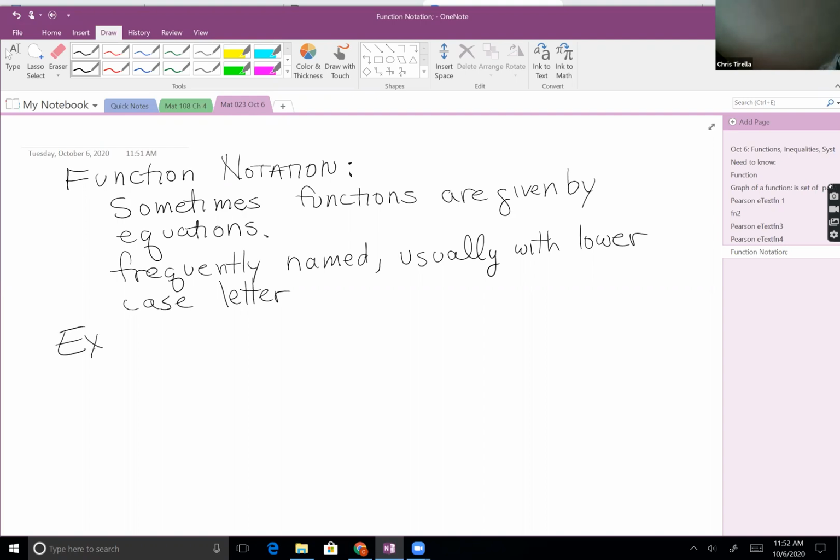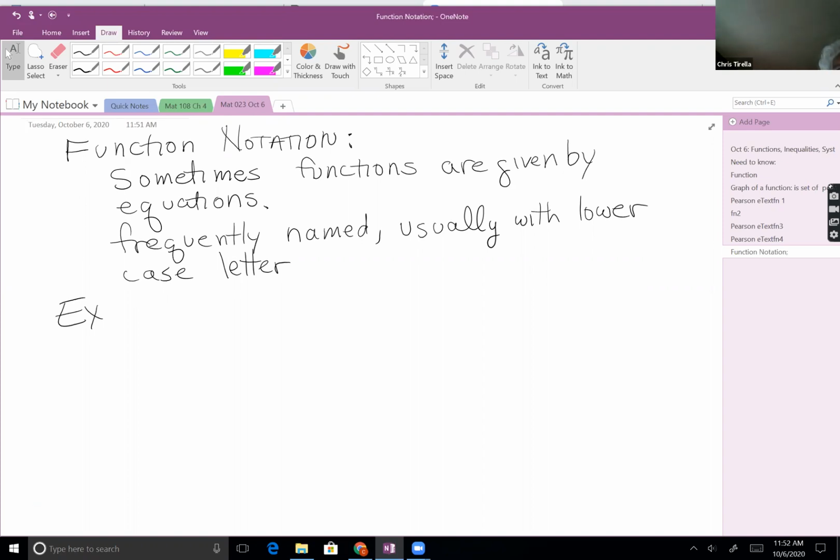So for example, I could have a function that's y equals 2x plus 5. And I could give that function a name. I could say, let's say that it's f.